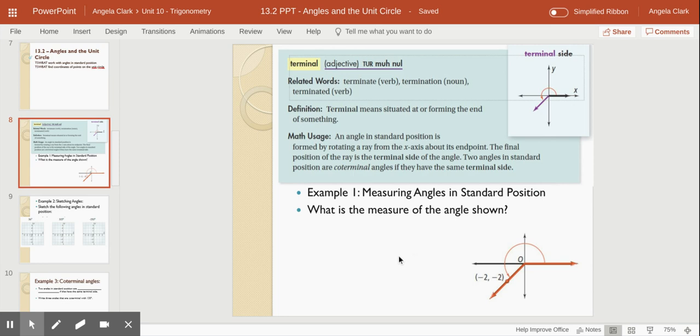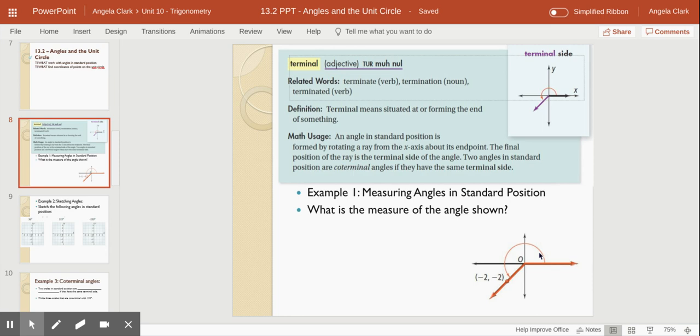We'll talk more about that later. We can use information about the coterminal side. For example, I know that (-2, -2), that point is on this coterminal side. I can use that to figure out what this angle is.